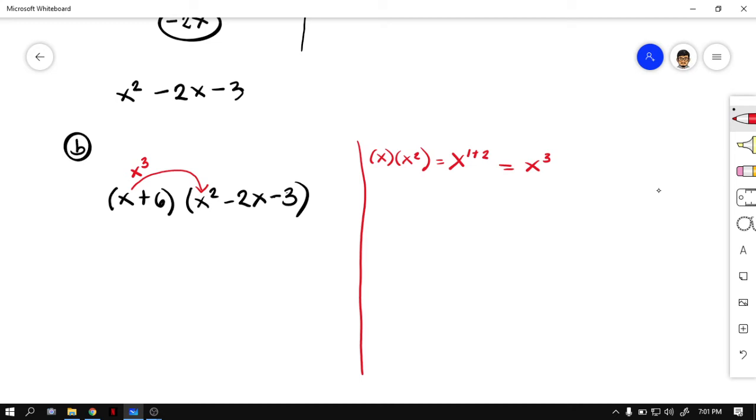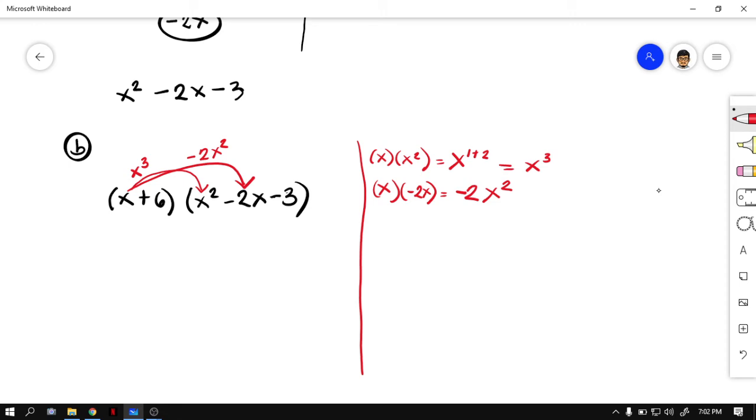Okay. Next, x times negative 2x. The numerical coefficient of x is 1. So, 1 times 2, that is 2. And positive times negative is negative. And x times x, ang exponent ng x ay 1. Ang exponent ng negative 2x din dito ay 1. So, that is x raised to 1 plus 1. So, x times x, that is x squared. So, meron kang negative 2x squared.